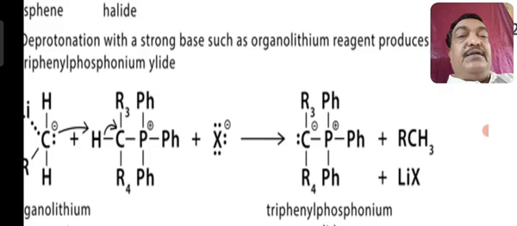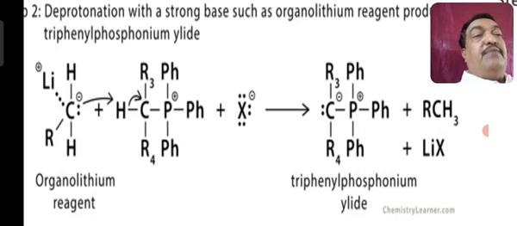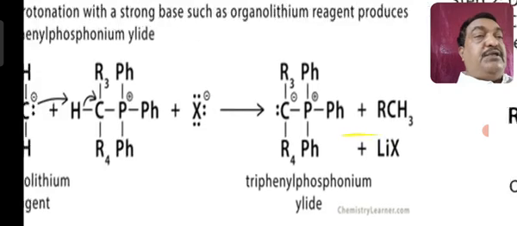When an organolithium reagent is attached to this molecule, the H will be eliminated and you will get lithium halide and RCH3, because the proton will be shifted, and you will get a ylide containing R3 and R4 on the carbon containing the lone pair of electrons. Whenever the excess of electrons is there, it is indicated with a minus charge, and phosphorus with a plus charge.